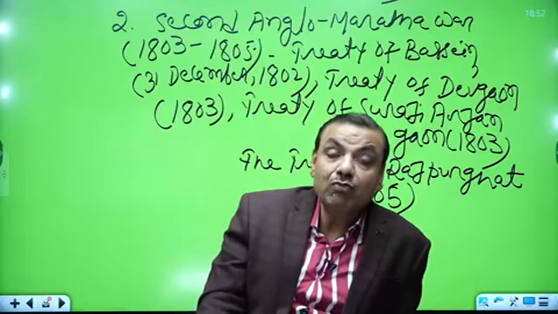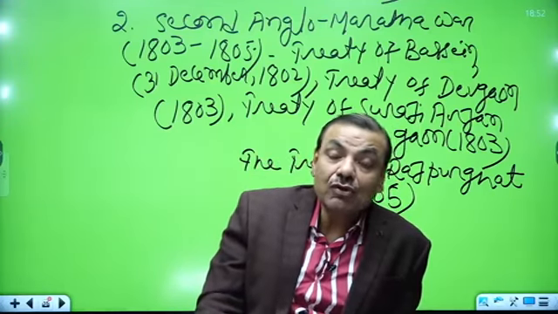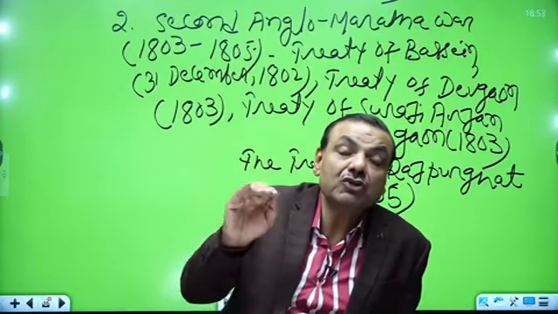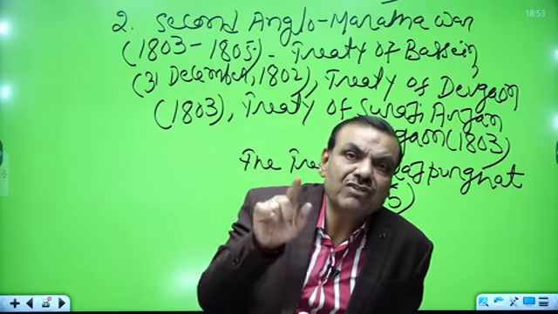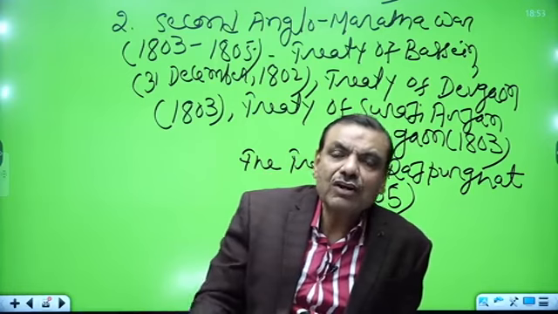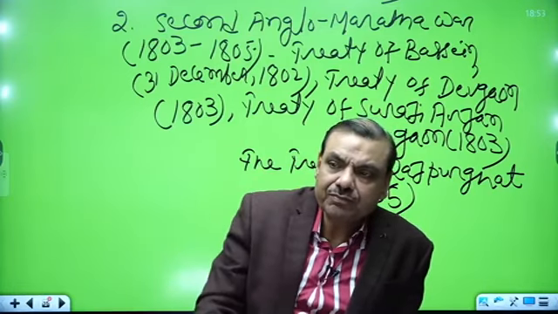Finally, Daulat Rao Scindia outwitted Yashwantrao Holkar and won Peshwa Bajirao II to his side, so Yashwantrao Holkar was isolated.